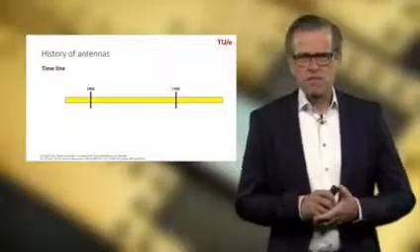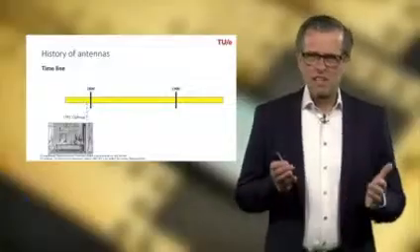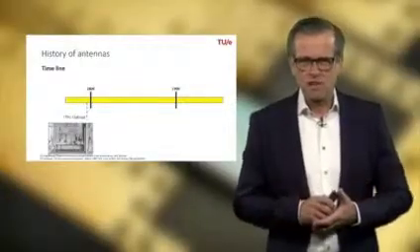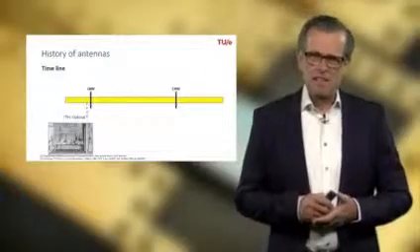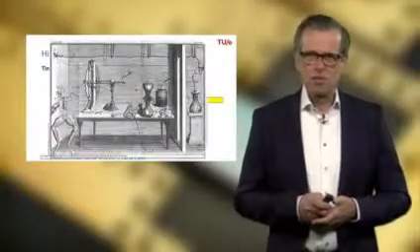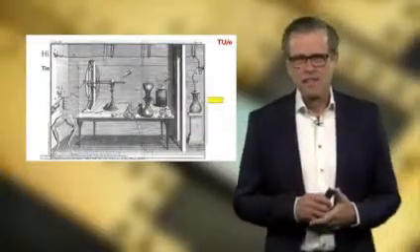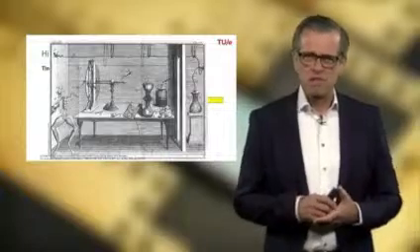Now, some history of antennas. The first antenna experiments were done by the Italian scientist Galvani. He did it in the 18th century, and he had a lab where he conducted experiments with wires and frog legs. The frog legs were in fact a microwave receiver.